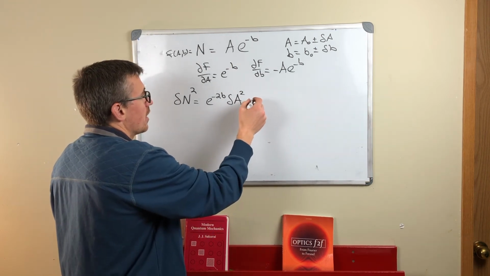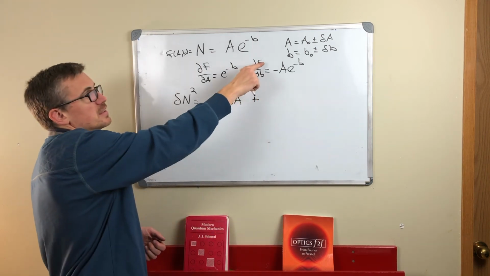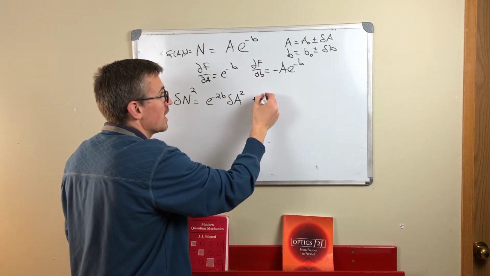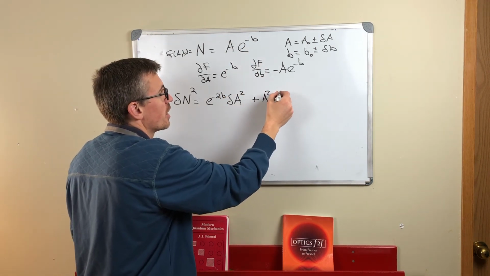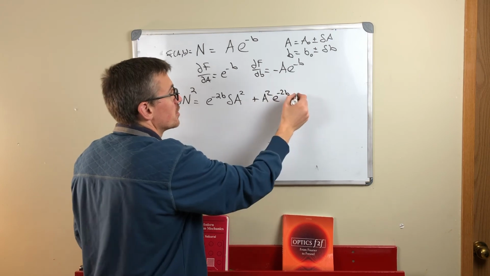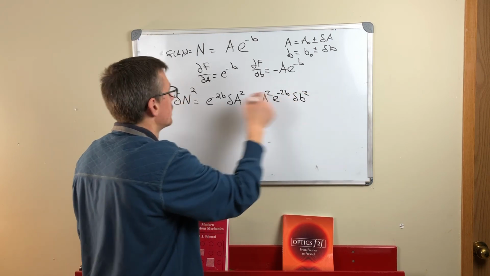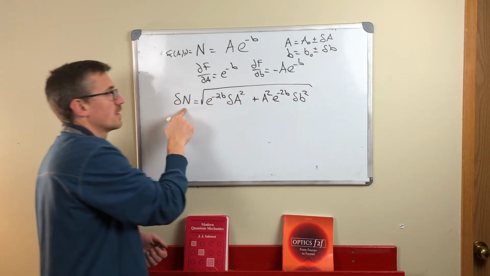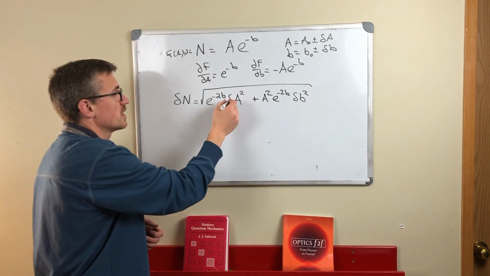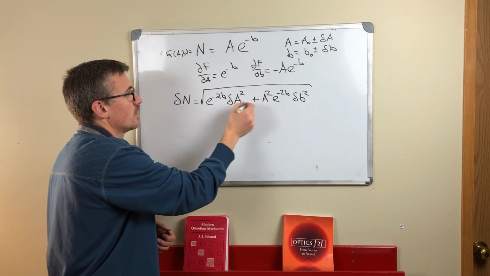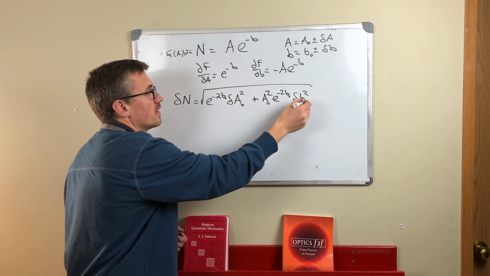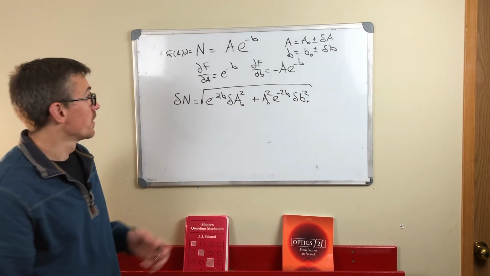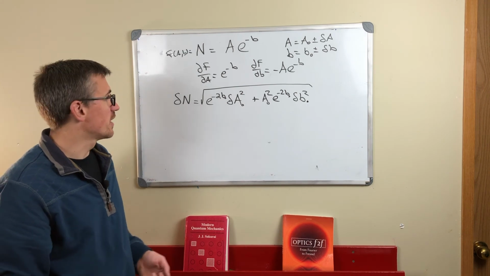And we're going to have df by dB all squared, which is going to be a squared e to the minus 2b times delta b all squared. And square root it to get the value. And this is our uncertainty that we'd get. We just have to plug in our initial values here, and this is the uncertainty we can get. We can leave it at that.